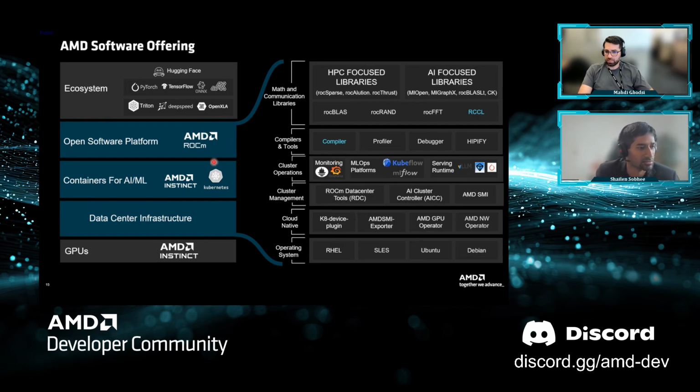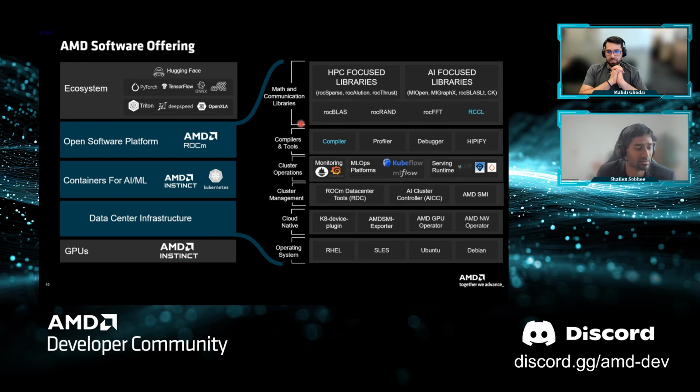I will just spend a few minutes on the key parts. As an AI developer, you are here at the ecosystem level. You're using open source tools, PyTorch, TensorFlow, even your AI harnesses like OpenClaw and Hermes Agent. They're all at the ecosystem level. They leverage the ROCm stack in order to make the most of the GPUs.